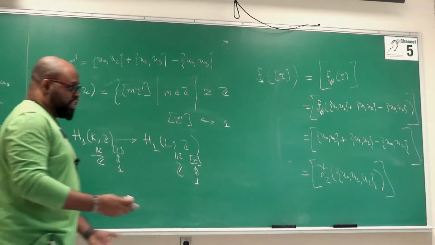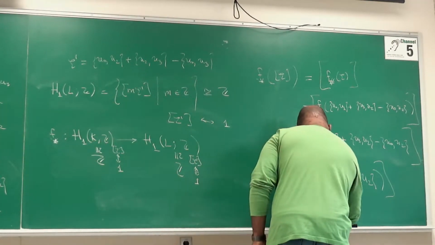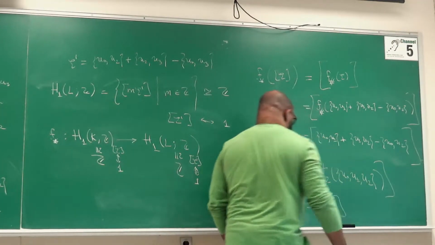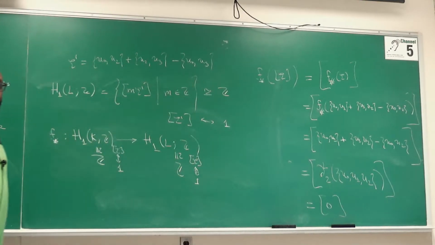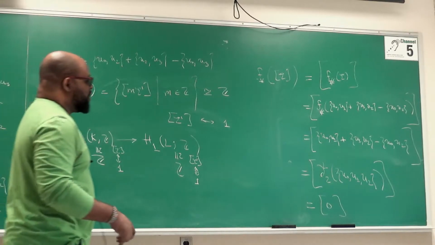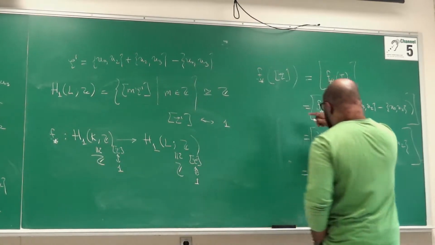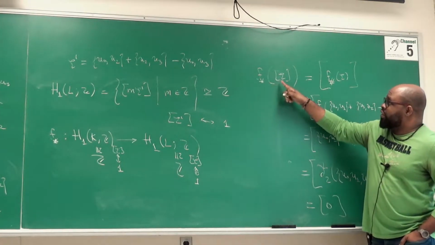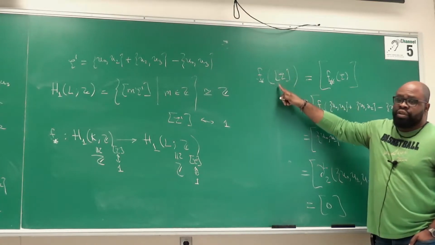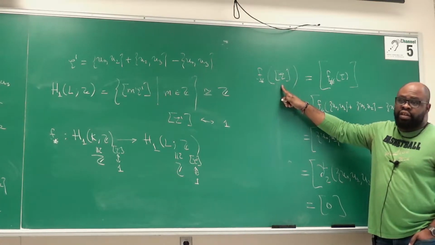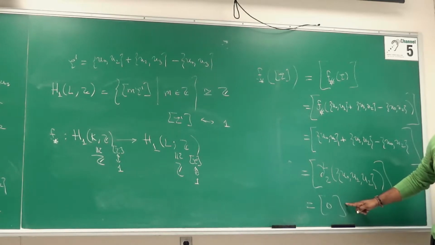And this is 0. So in other words, F star sends the generator in the homology of K to 0 in L.